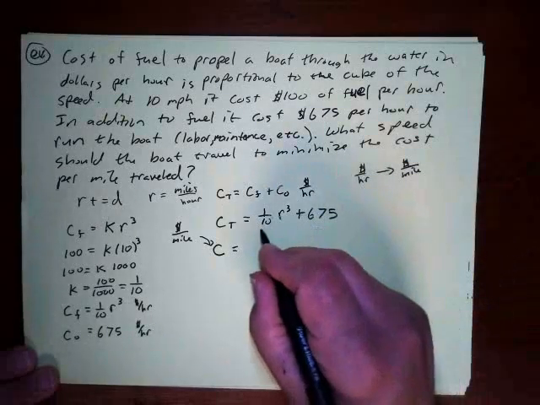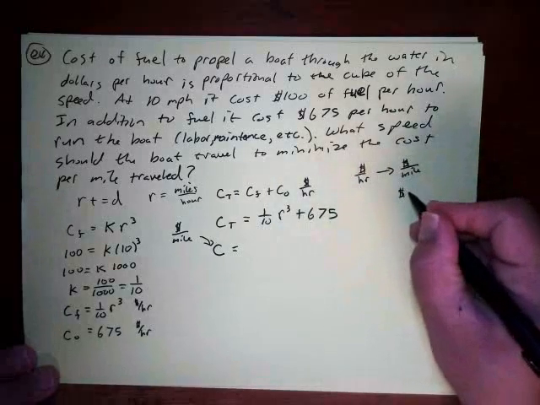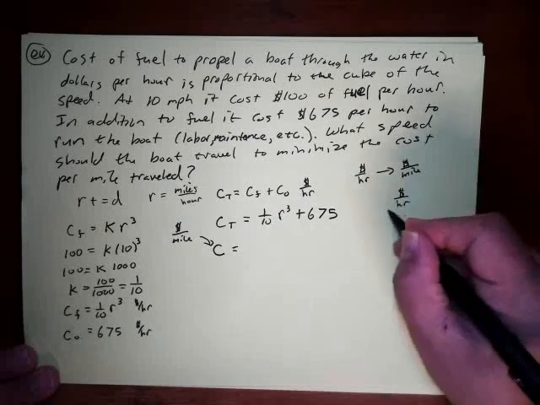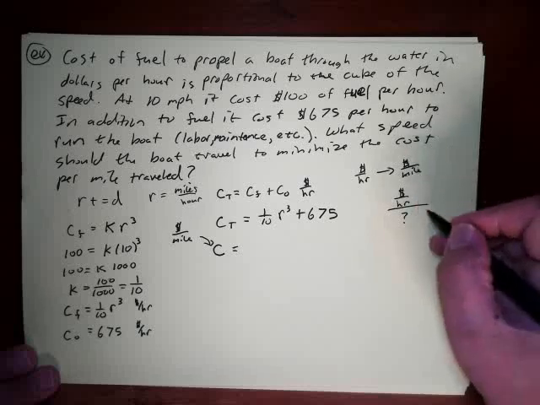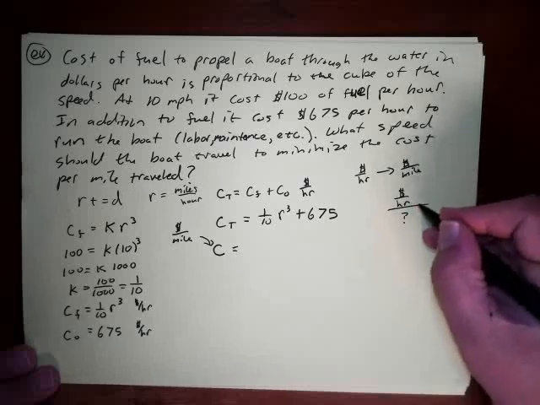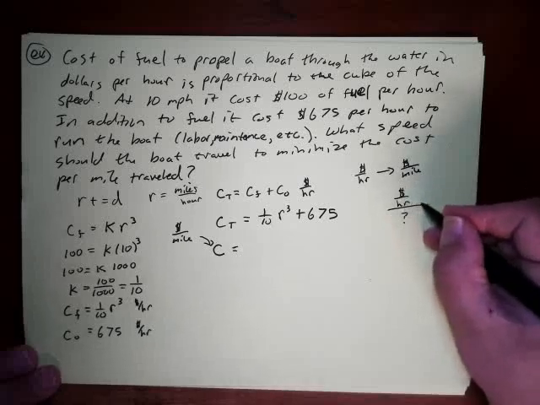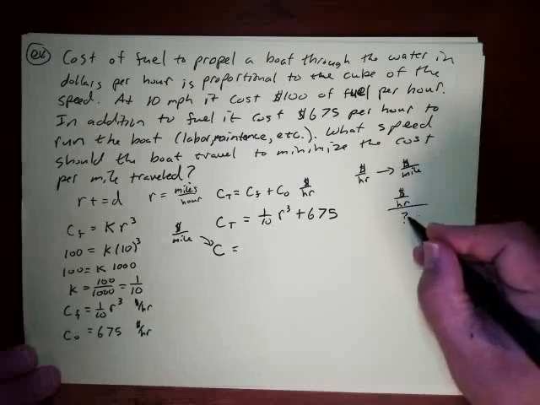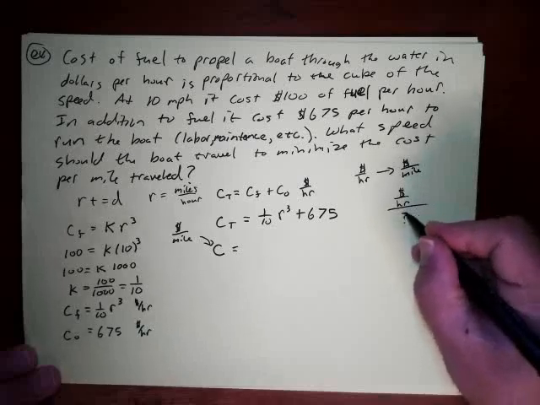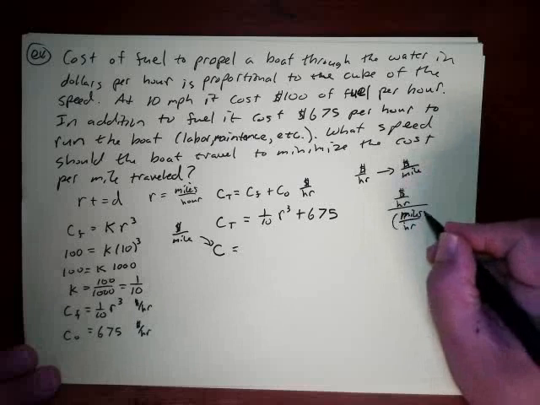So what I can do is, can I divide anything here? In other words, if I have dollars per hour, is there anything I could divide by that's going to give me dollars per mile? Well, whatever I have, I'm going to invert and multiply. And I want the hours to cancel out, and I want it to leave me with miles in the bottom. So you can see that this question mark is really going to be miles per hour.